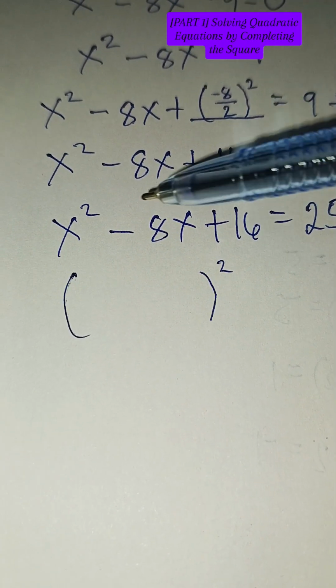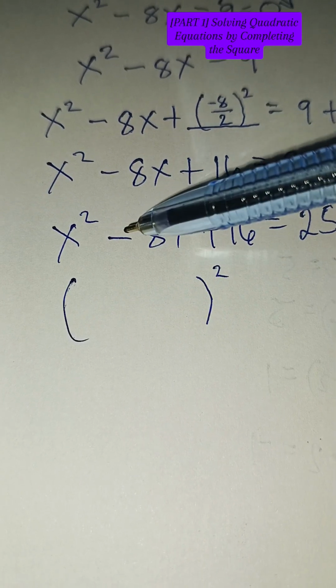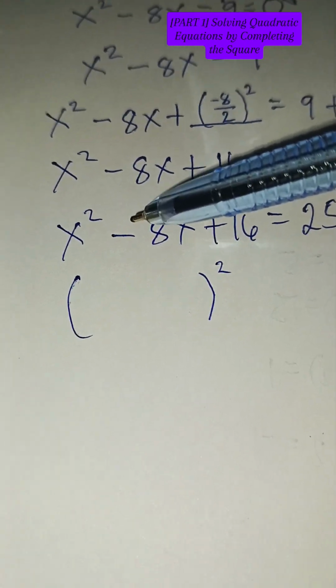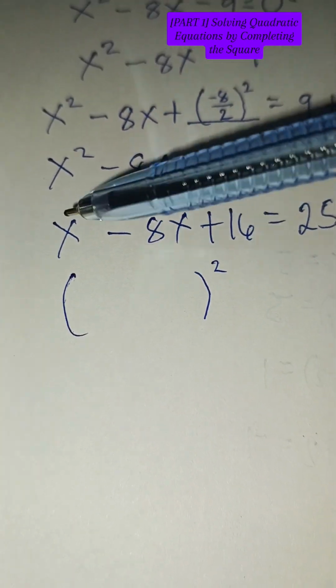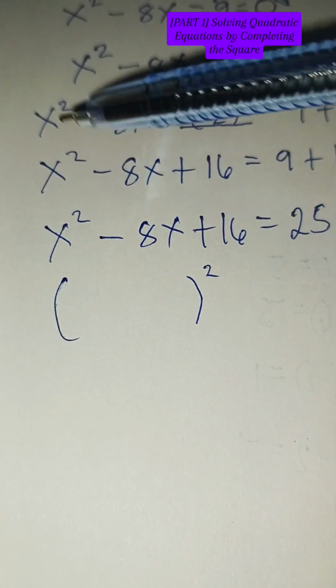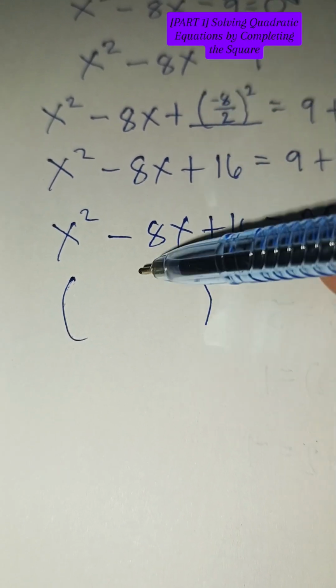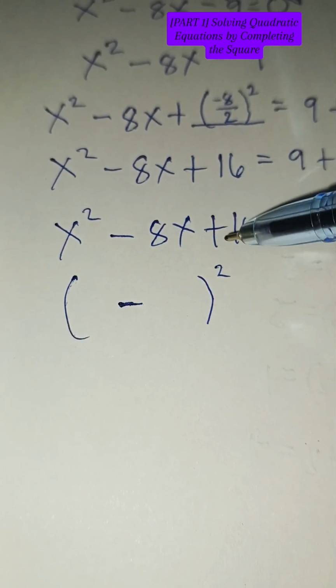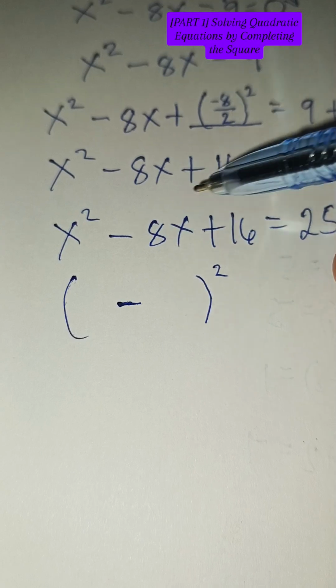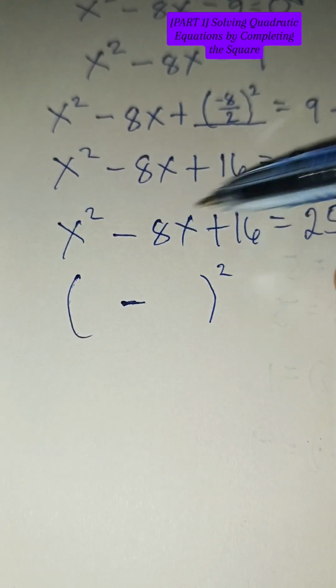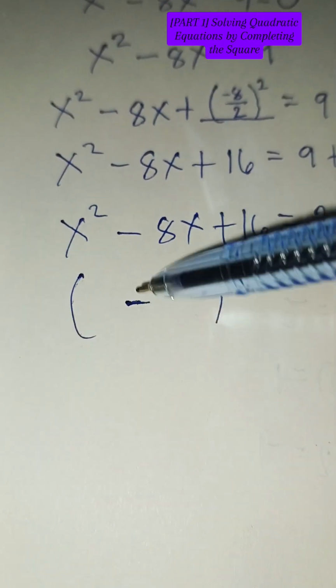If the pattern is like this, we put the negative sign here. If the pattern of operators is minus then plus, that is minus. But if all are plus, then we put plus.